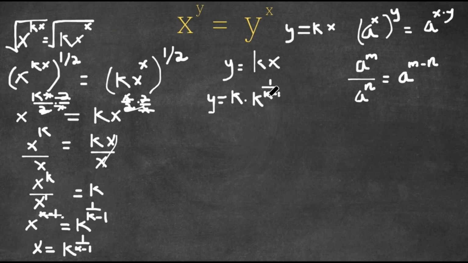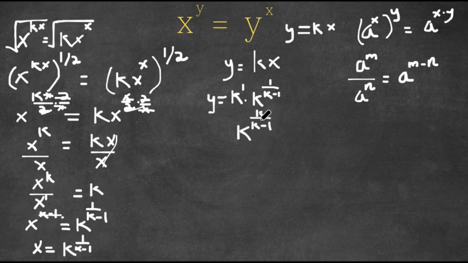Now, if we want to multiply these two numbers, we would have to add their exponents. So k over here is to the power of 1. So 1 plus 1 over k minus 1. And this is actually equal to k to the power of k over k minus 1.